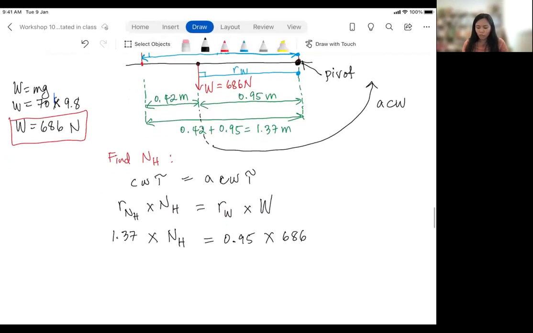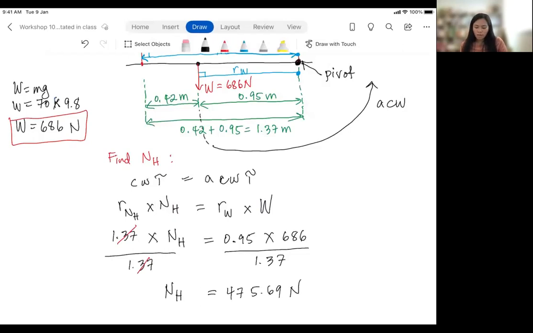So we can now solve for NH. It's the only thing we don't know. Divide both sides by 1.37. That eliminates 1.37 on the left. Then you should have NH equal to 475.69 newtons.